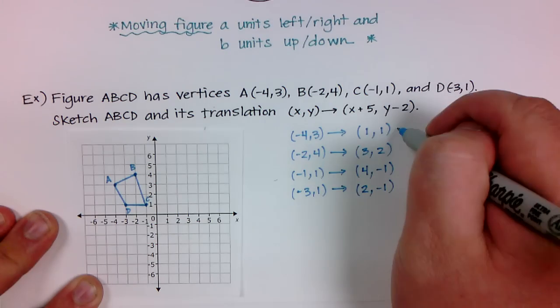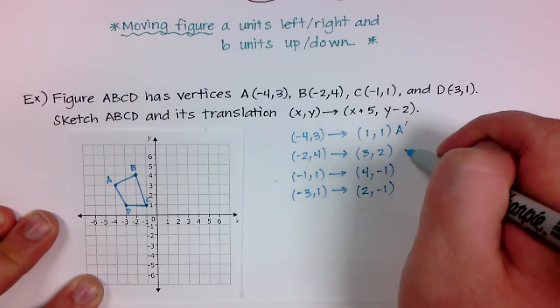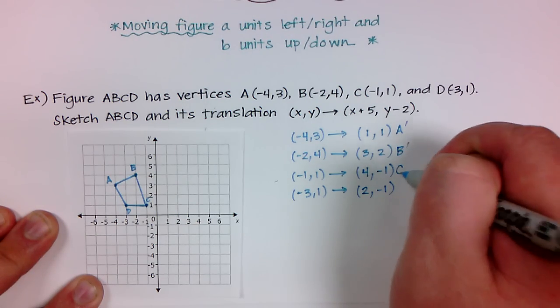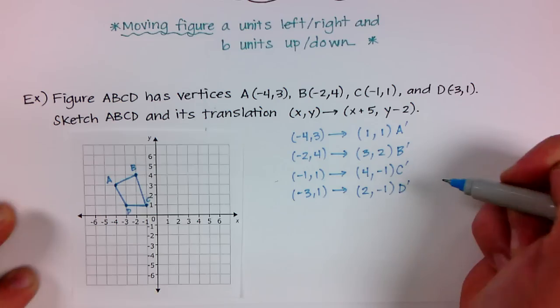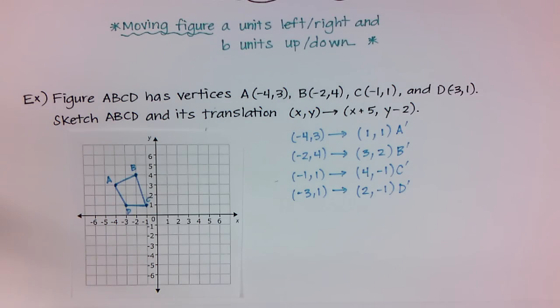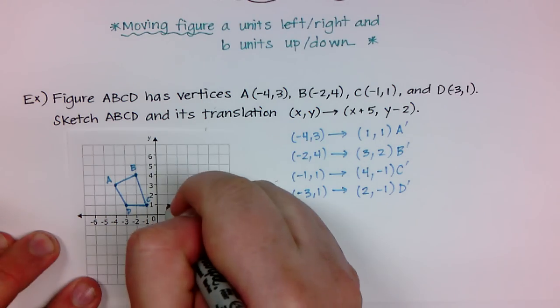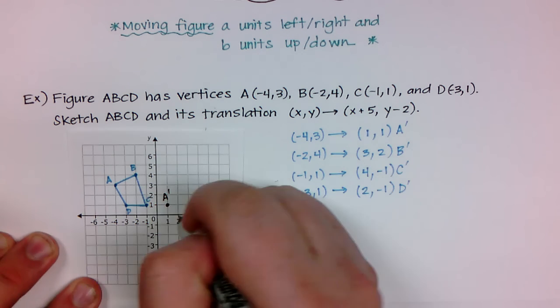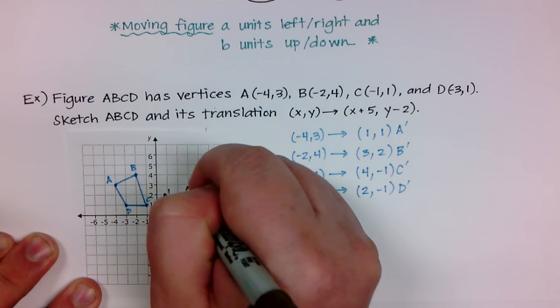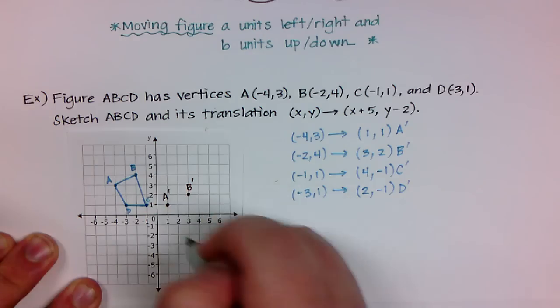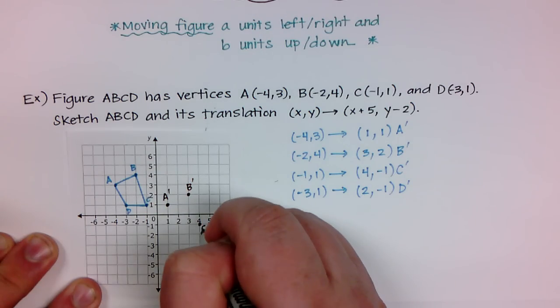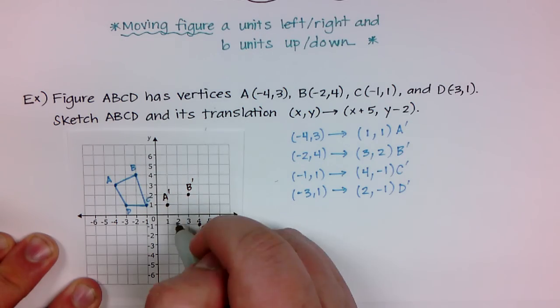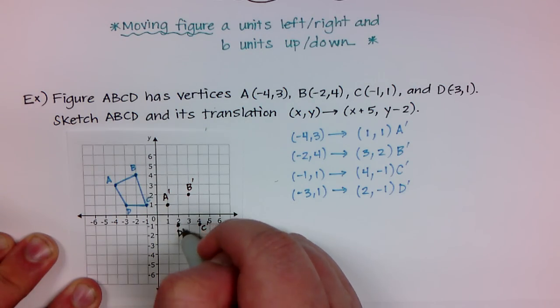Okay, so this is kind of like my A prime and my B prime and my C prime and my D prime. So it's changed from this transformation. So let's go ahead and graph those now. A prime is 1, 1. B prime is 3, up 2. C prime is 4, down 1. And D prime is 2, down 1.